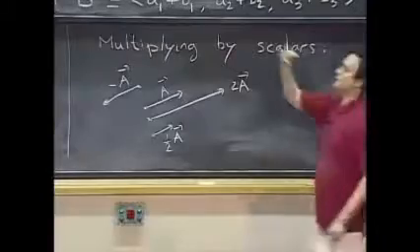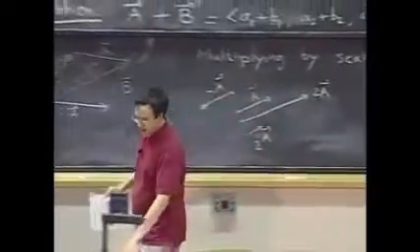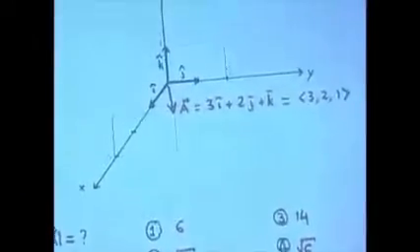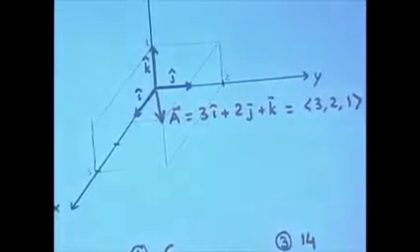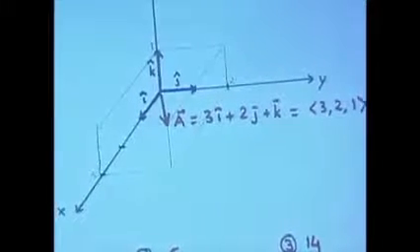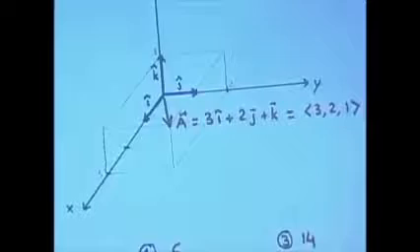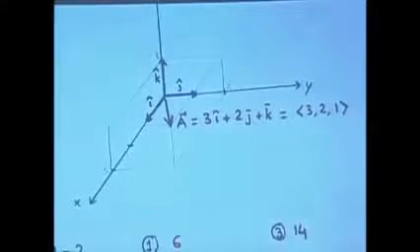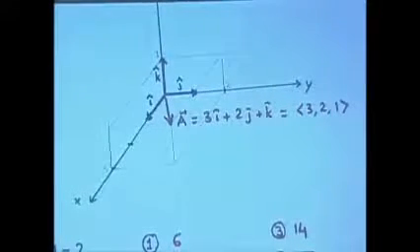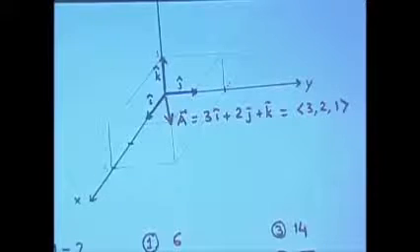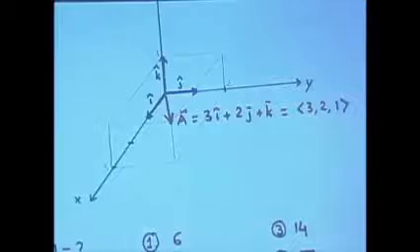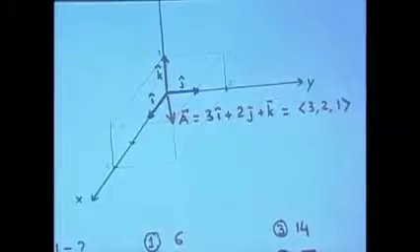So now if I do the calculation 3 times i plus 2 times j plus k, what does it mean? 3 times i is just going to go along the x-axis, but by a distance of 3 instead of 1. And then 2 times j goes 2 units along the y-axis, and k goes up by 1 unit. If you add these together, you will go from the origin along the x-axis, then parallel to the y-axis, and then up. And you will end up, indeed, at the end point of the vector A.